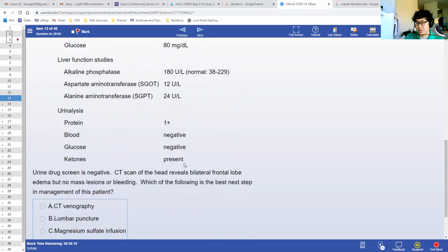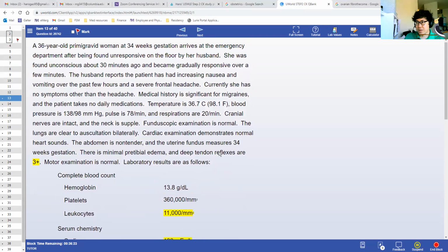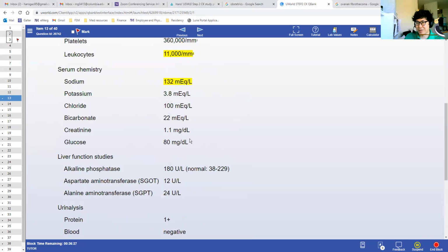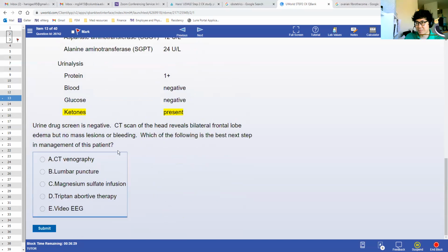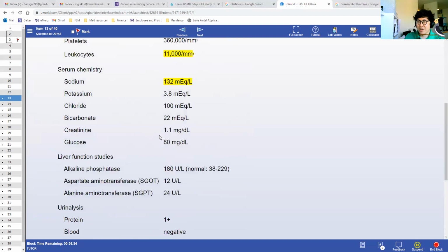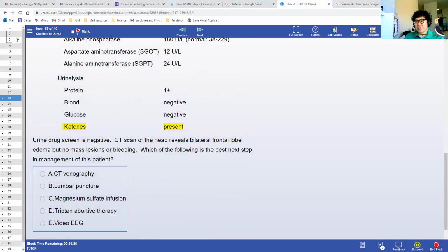Ketones are present. Okay. Suspicion for DKA is not high, quite frankly, given that glucose is 80. So maybe this is just a pregnancy type of thing. CT shows bilateral frontal lobe edema, but no mass lesions or bleeding. Which of the following is the next best step in management?